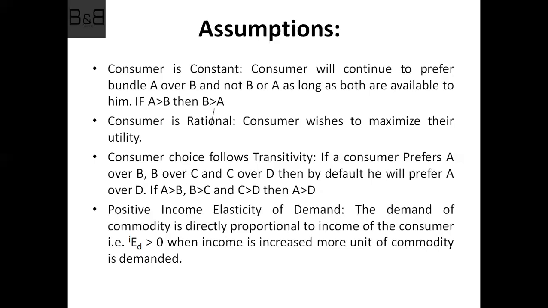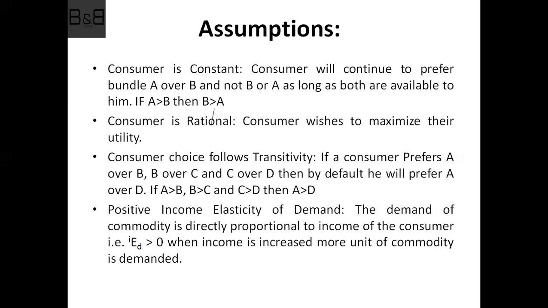Number four, positive income elasticity of demand. Mr. Samuelson has considered that RPT will hold good if there is a positive income elasticity of demand. That is, whenever the income of the consumer increases, they will increase the number of units of the commodity they are consuming.